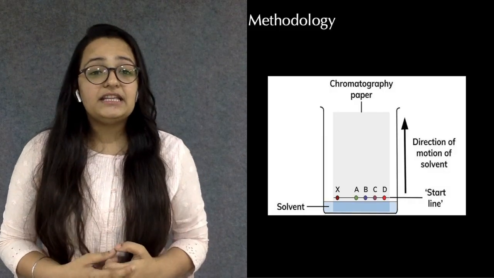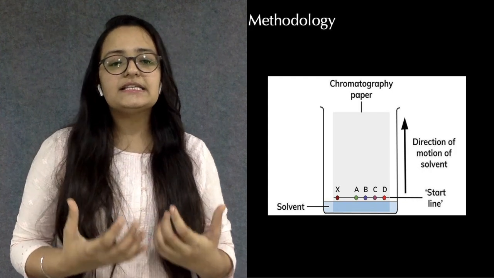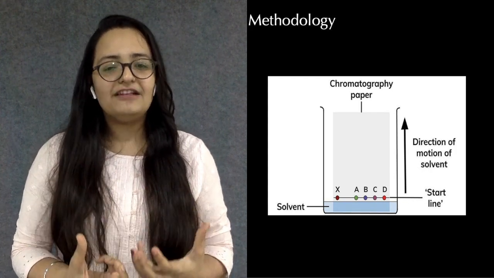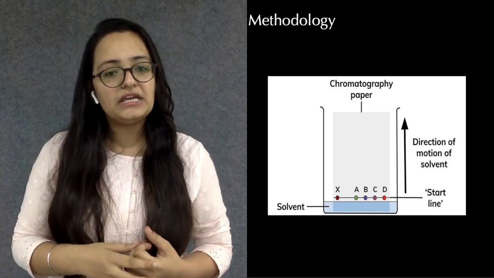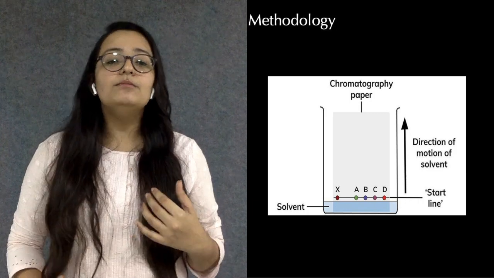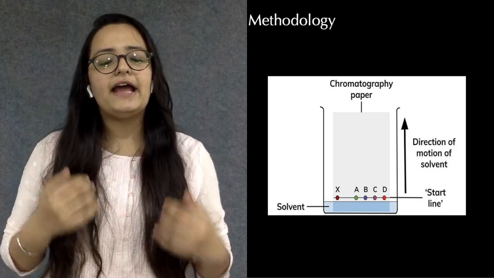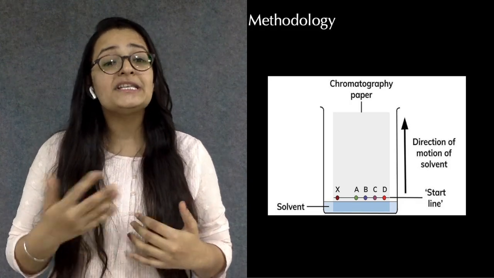Here you can see the methodology of paper chromatography. One beaker contains the mobile phase, and a strip of filter paper is placed inside the beaker containing the mobile phase. The solvent will move upward, and the molecules or samples are separated according to their affinity.